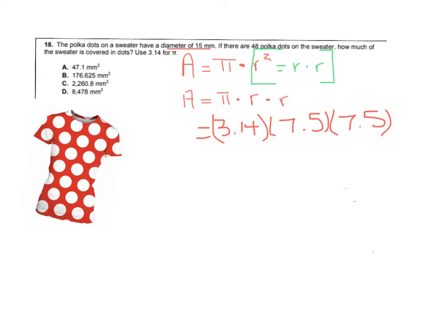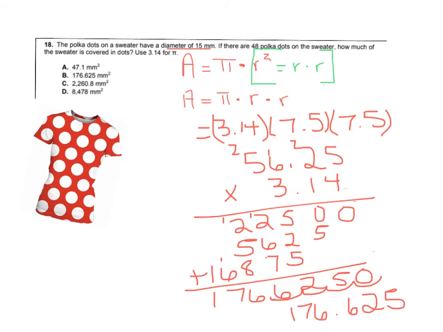And so now we're going to take 56.25, or 25 hundredths, and multiply that times 3.14. And so we end up with an area of 176.625, or 176 and 625 thousandths.